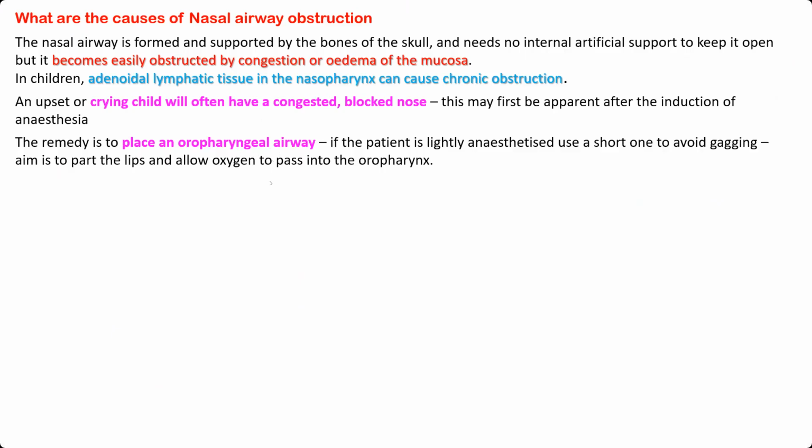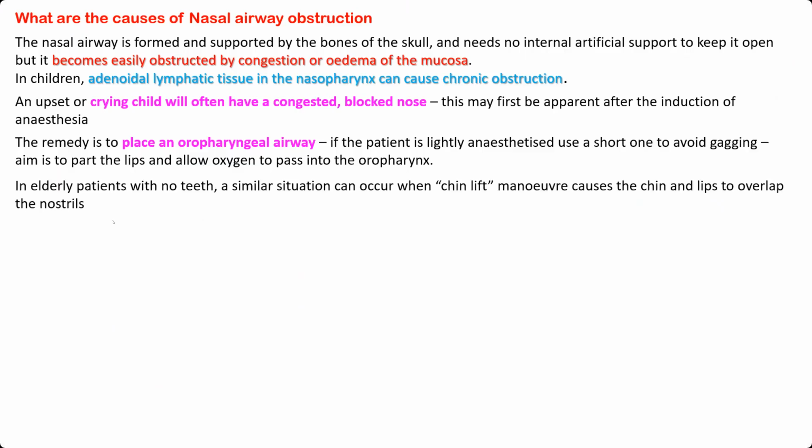This airway should be smaller than the regular size, because a correct size airway may produce a gag reflex and induce a laryngospasm, especially when the child is lightly anesthetized. So always use one size smaller, just to separate the lips so that oxygen can be pushed into the oral cavity.